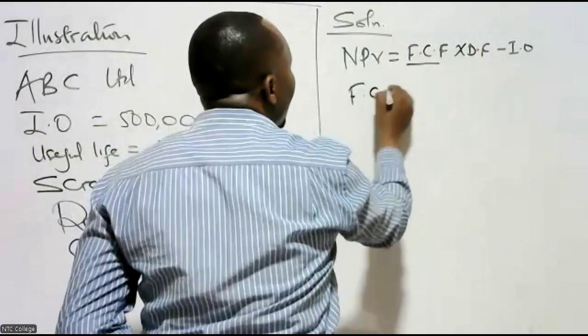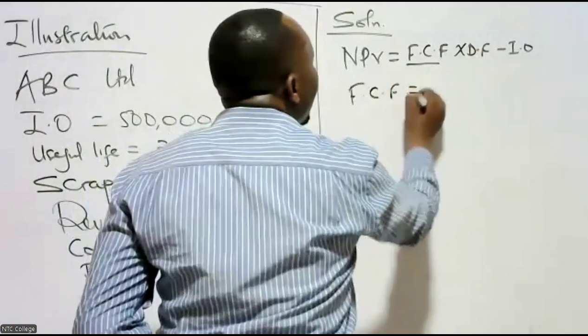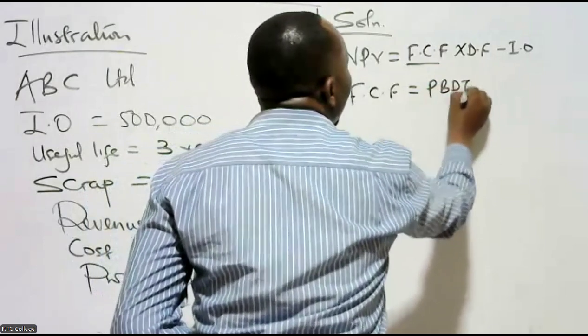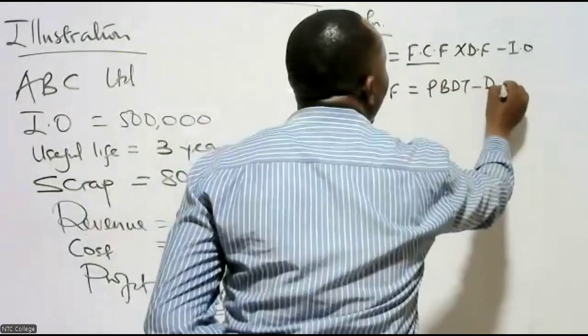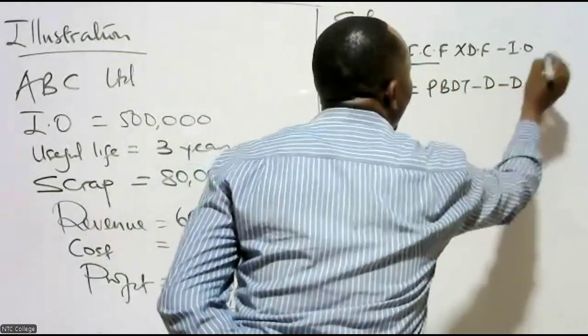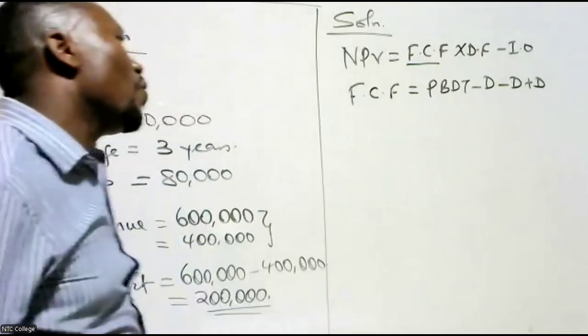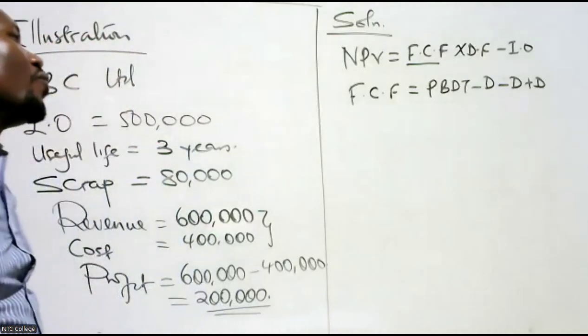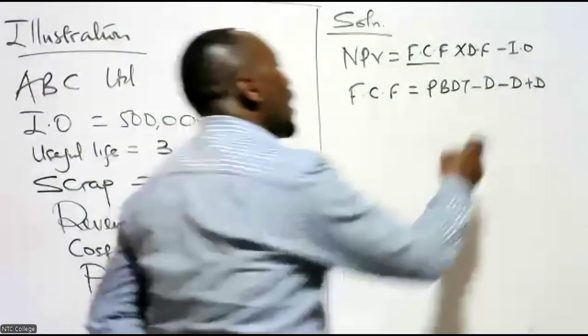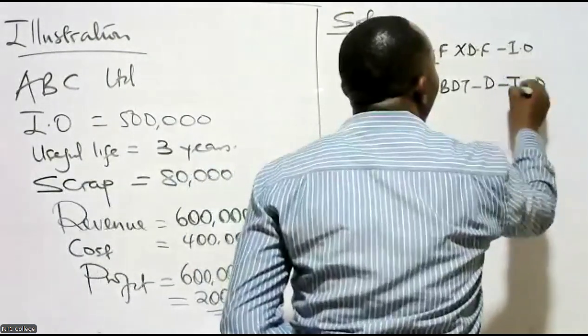Free cash flow, you always get it by getting the profit before depreciation and tax, minus depreciation, minus tax, plus depreciation. Meaning that you take the normal operation profit, you deduct depreciation, tax it, and then add depreciation.